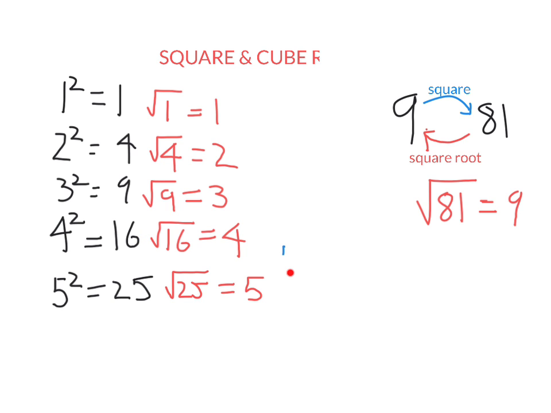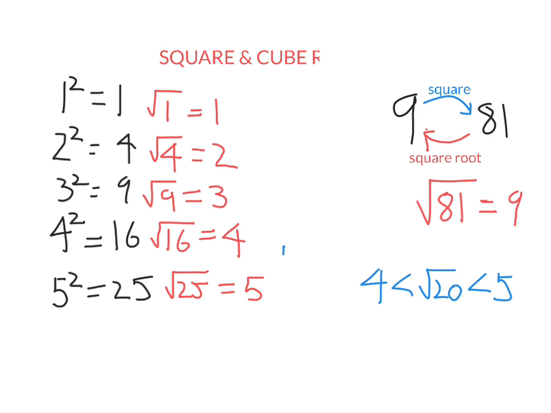So the square root of 20 will be between the square root of 25 and the square root of 16. So the square root of 20 will be between 4 and 5. So how I write that mathematically, I write 4 is less than the square root of 20, which is less than 5. Another way to say this, the square root of 20 is between 4 and 5.